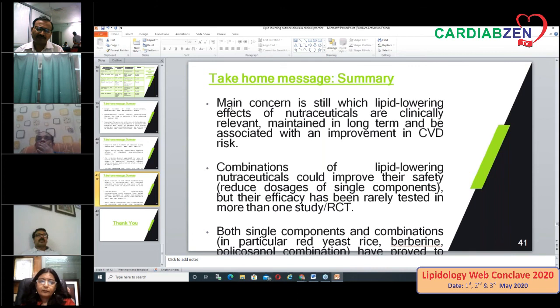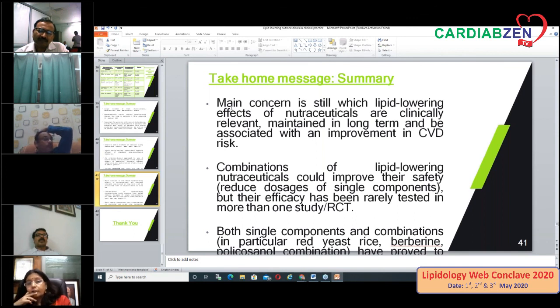The basic concept of 5-grain atta or multi-grain atta comes from adding the fiber component as well as different ingredients. For example, you add chana, the grams, to wheat.